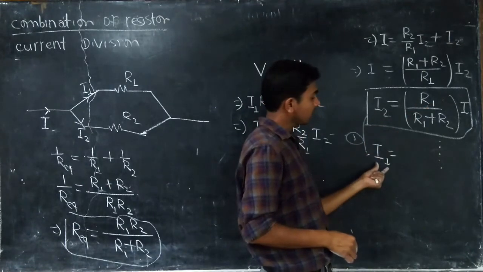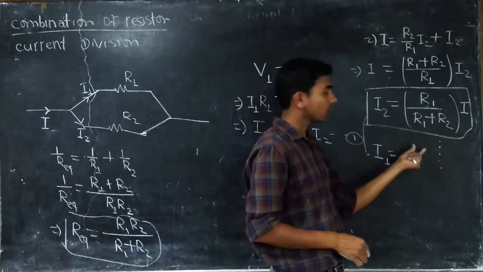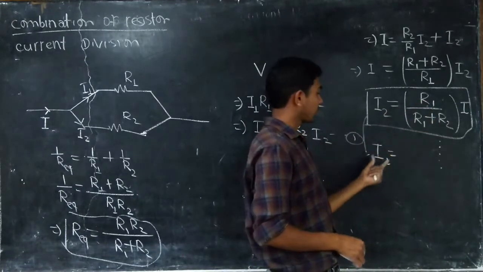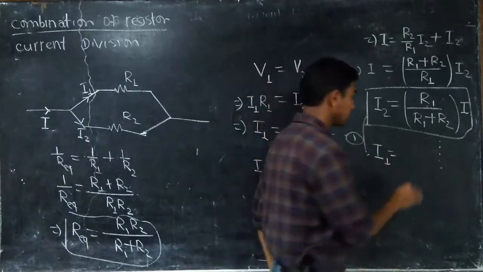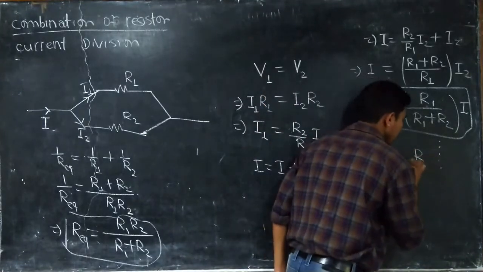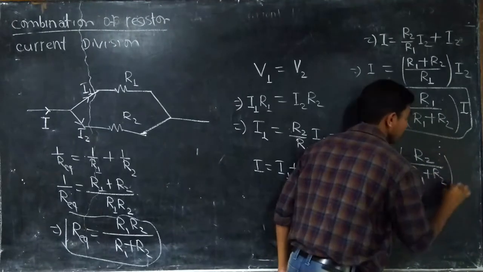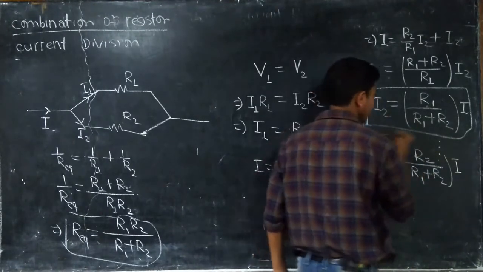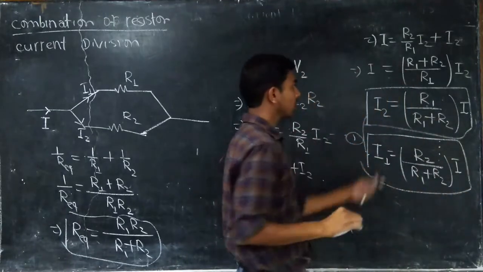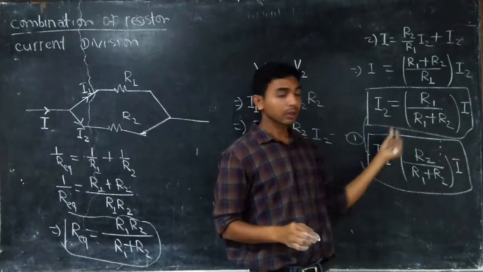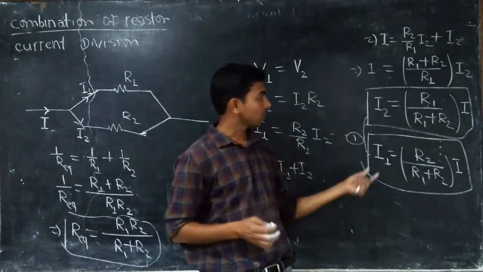Similarly, if I calculate I1, R2 will come up here. So the formula will be R2 by R1 plus R2 into I, right? So using this formula, we are able to find the value of I1 as well as I2.